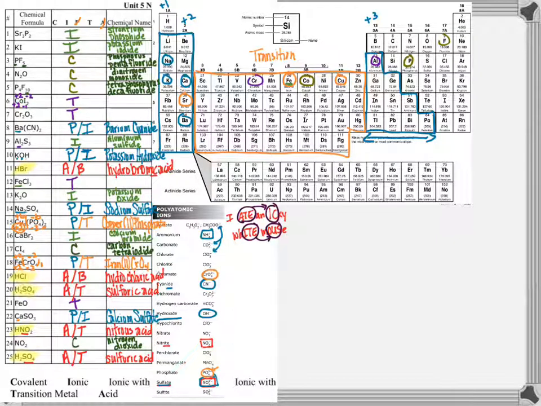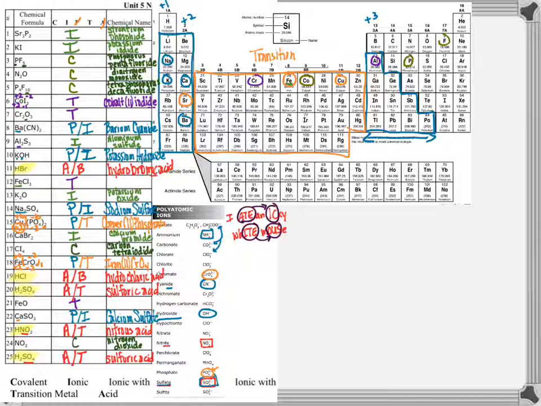So here would be cobalt 2 and then iodide. We have to make sure that we end it following ionic rules, which means have the suffix IDE.